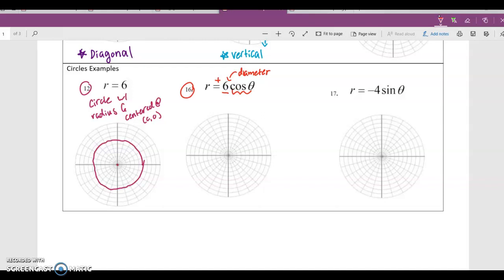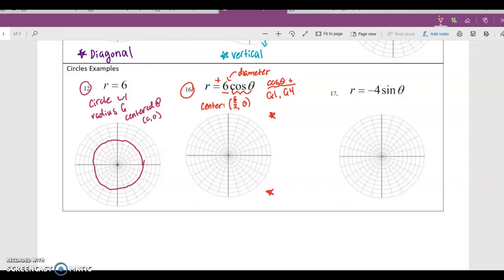So cosine theta is positive in quadrant 1 and quadrant 4. So here and here. So our circle is going to be balanced between quadrant 1 and quadrant 4. And remember, our center, since we have a cosine, is at a over 2, so 6 over 2, comma, 0. So we know that that is 3, comma, 0.